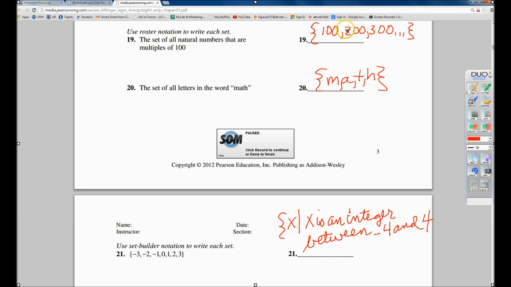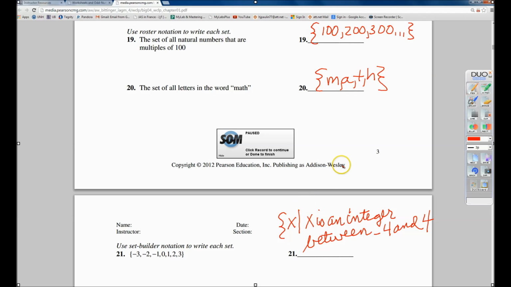You put your braces, 100, 200, 300, and your ellipsis, indicating the pattern will continue. The set of all letters in the word math, you write the letters of math, separated by a comma, each letter, and again, put them in braces.